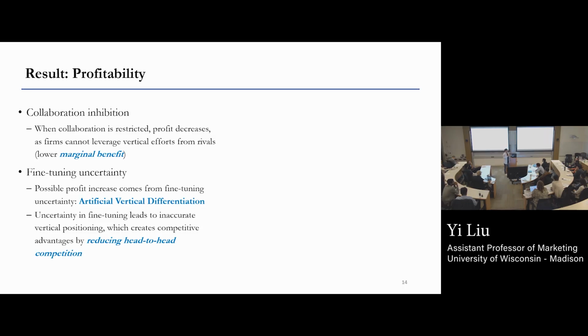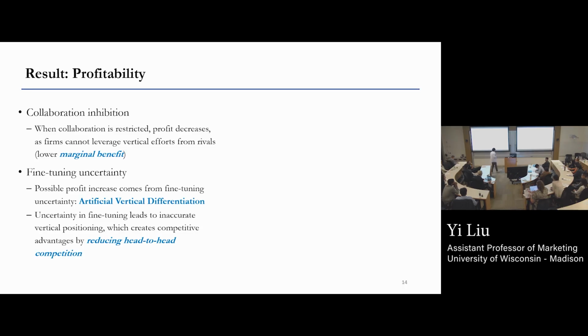In the age when everything was certain, both firms, especially when they are symmetric, would spend the same level of vertical effort, and that would create head-to-head competition. So the firms can only make money from the horizontal differentiation, okay?